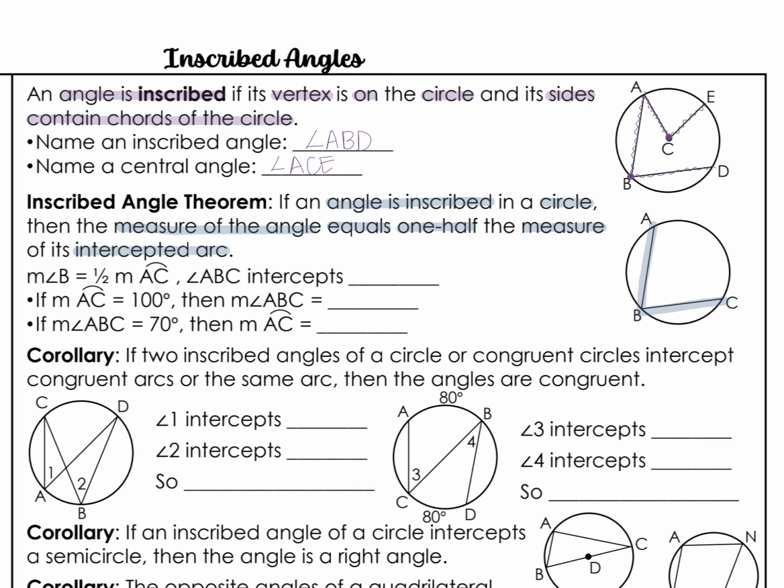We know it's arc AC because that's our intercepted arc: the two endpoints of that angle and everything in between them. The measure of angle ABC intercepts that arc AC that we mentioned.